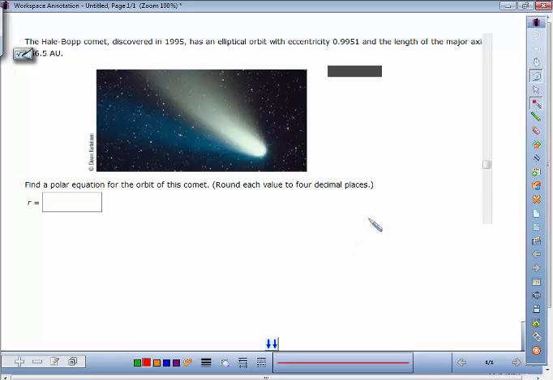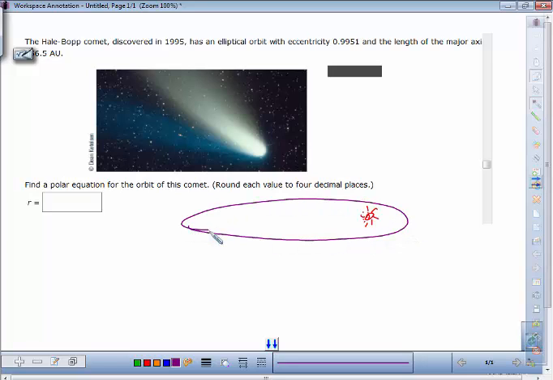We have the sun as your focus point, your focus. And then this comet goes around the sun. It spends most of its time probably out of the Earth's view, far away.